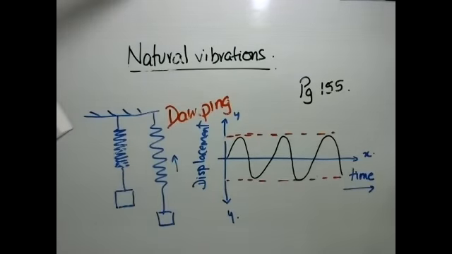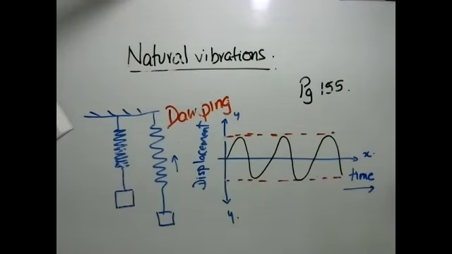So this may be something that you will be asked to either sketch, though it rarely happens that they ask you to sketch, or they will ask you to interpret. So a question can be: represent graphically an object which is undergoing natural free vibrations.